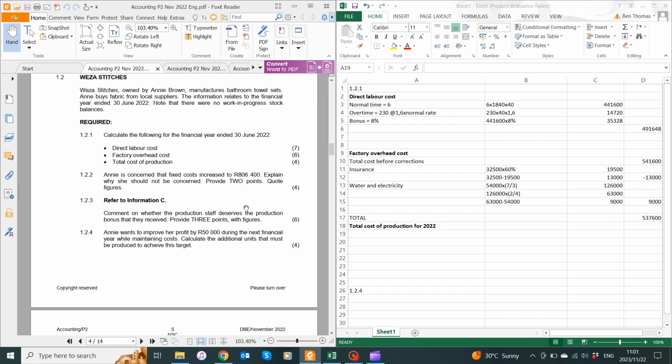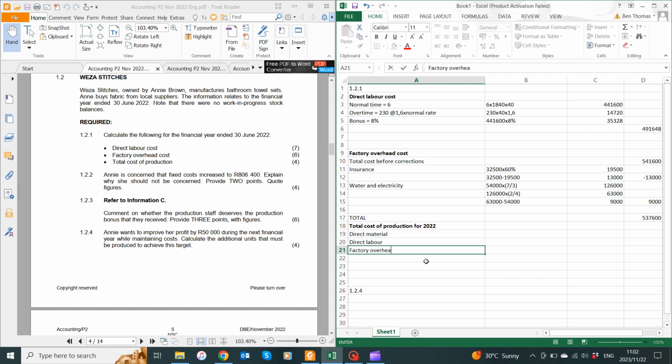Now if they're saying there's nothing like that, it means that we don't have any balances, and therefore cost of production is actually direct material plus direct labor plus factory overheads. So what are we going to do here? We're going to say direct material, direct labor, factory overheads, and we're going to add those amounts together.